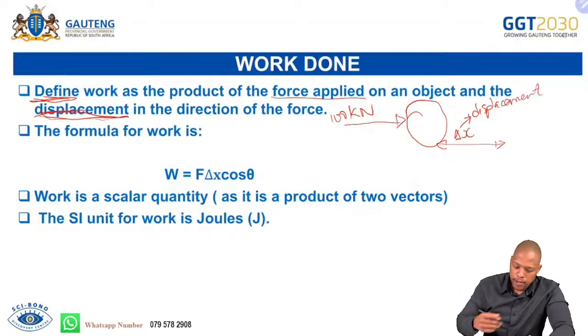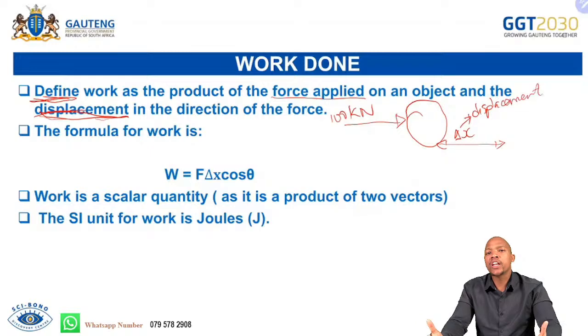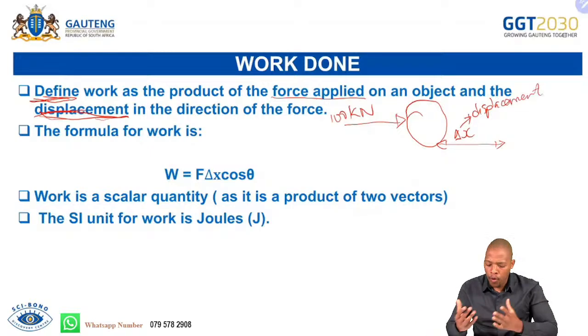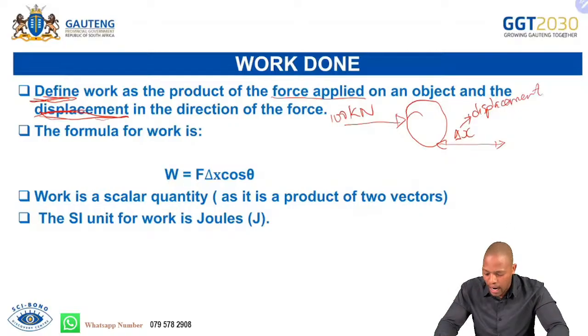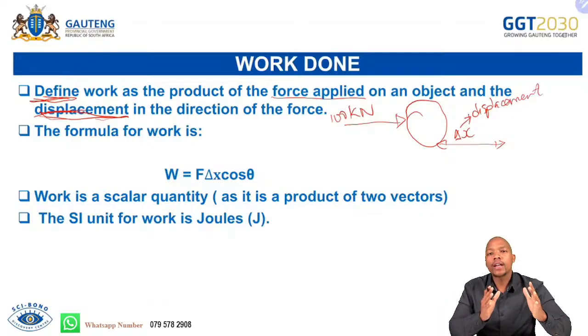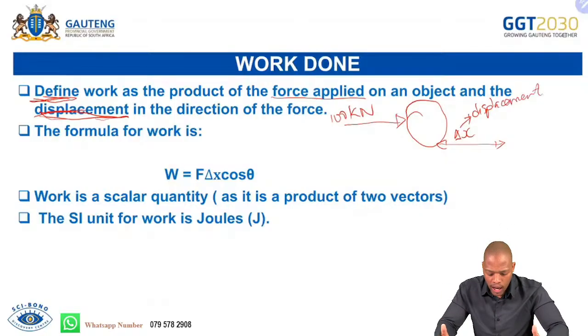Right. So from that understanding of the definition itself, we can calculate how much work was done. Different forces will give you different magnitudes of work done, and different displacements will also give you different magnitudes of work done. So we can calculate and actually determine how much work was done.